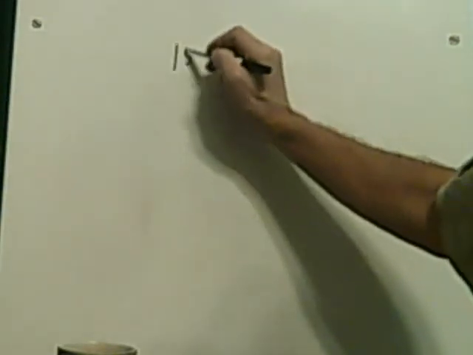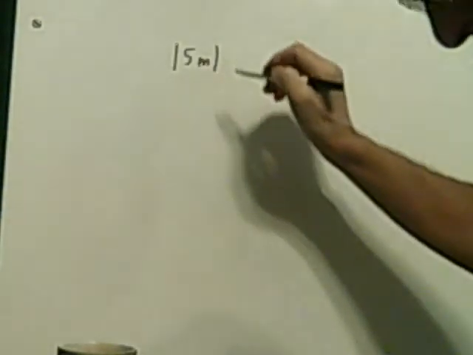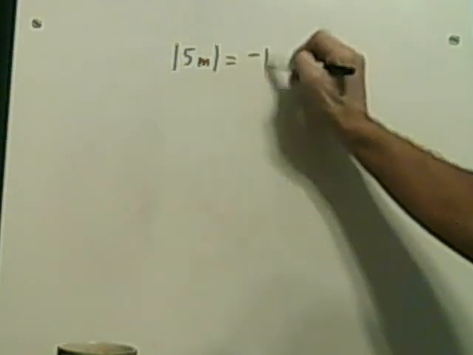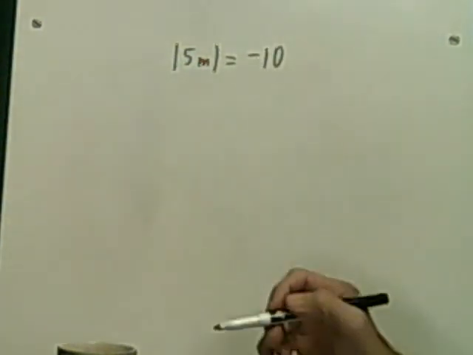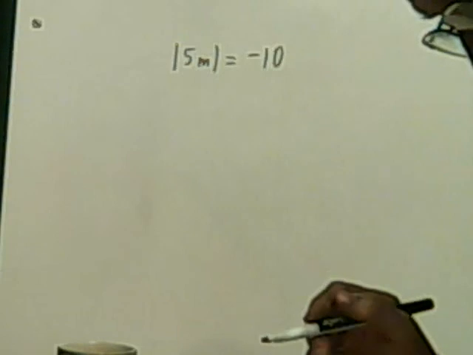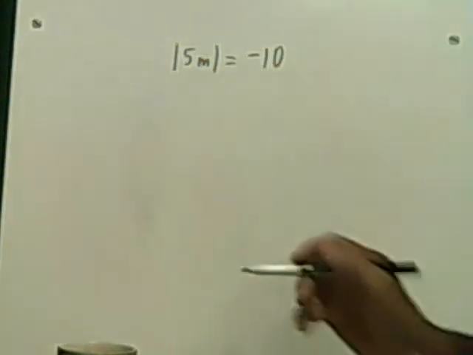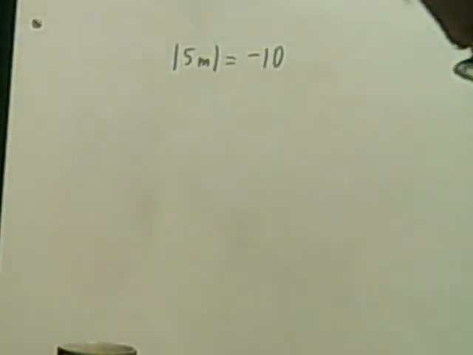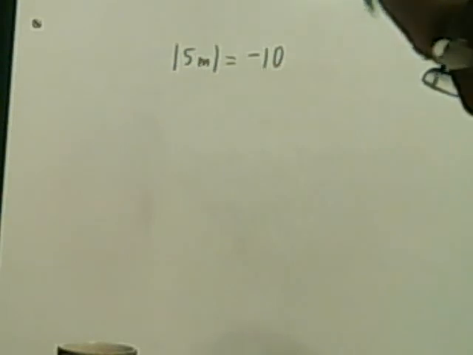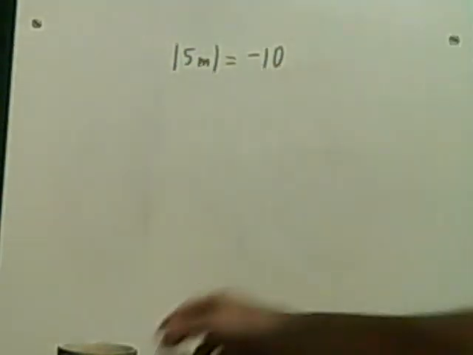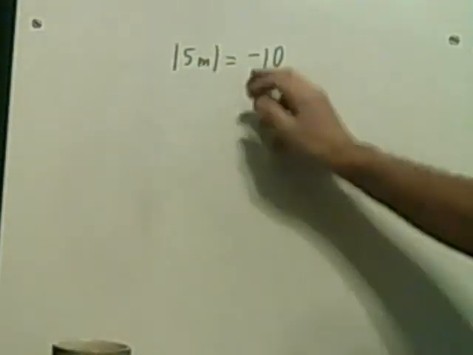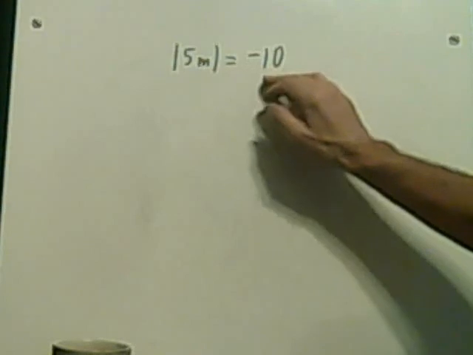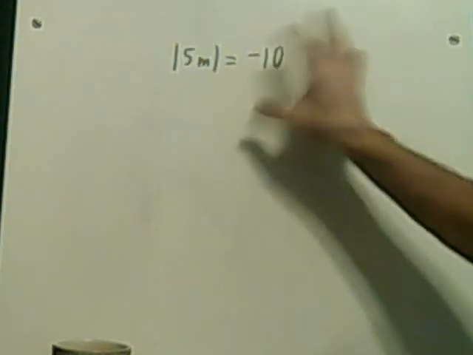Okay, the absolute value of 5m is equal to -10. Now, this immediately sets off a red flag. It would be easy to proceed with this, potentially setting 5m equal to plus or minus 10, but that's a mistake.